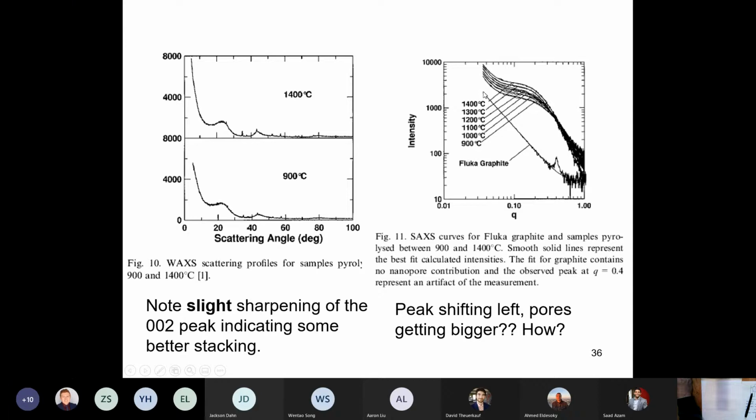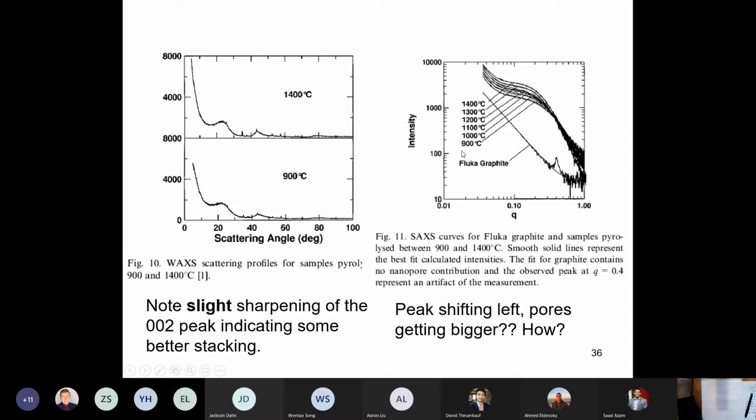If you have a sample that has no internal porosity at all, just a bulk sample, you'll get a straight line on a logarithm of the X-ray intensity versus Q. What is Q? Q is like scattering angle, and a Q of 0.1 is a scattering angle somewhere around 5 degrees or so. It means the intensity drops off like a power law.